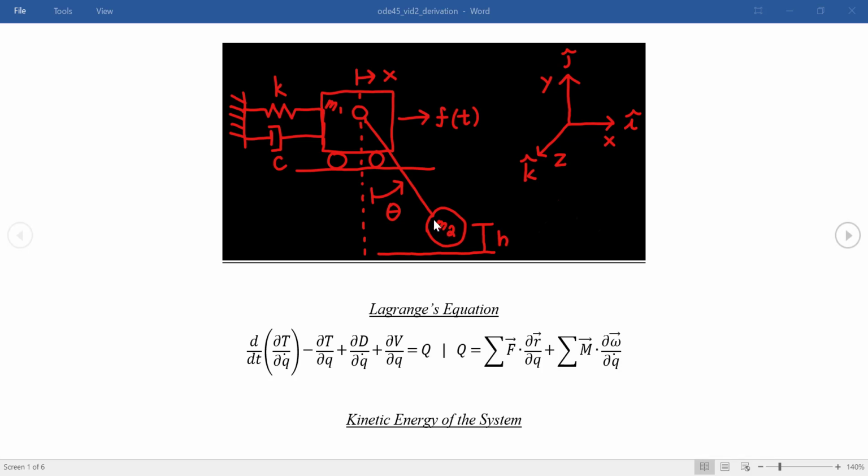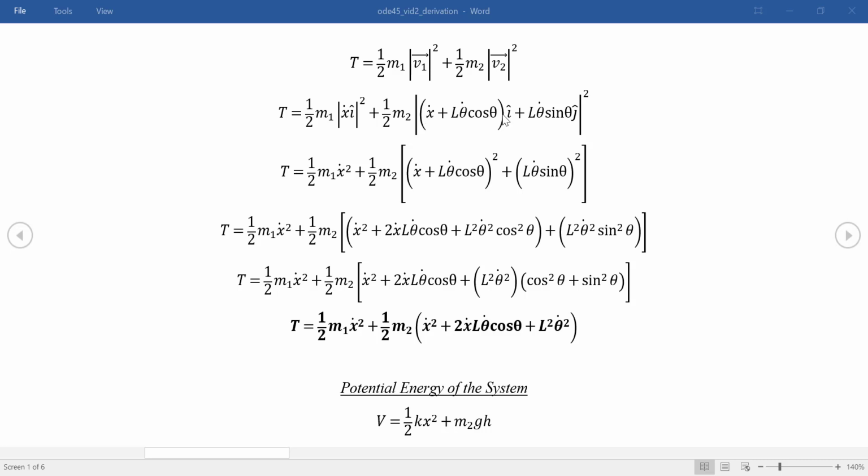We can think of it as two individual scenarios. If we were to hold this bar still, so that theta is not changing, and allow mass 1 to move back and forth, because mass 2 is rigidly attached to mass 1, mass 2 would share the same velocity as mass 1. This means that mass 2 would also have a velocity of x dot times I hat.